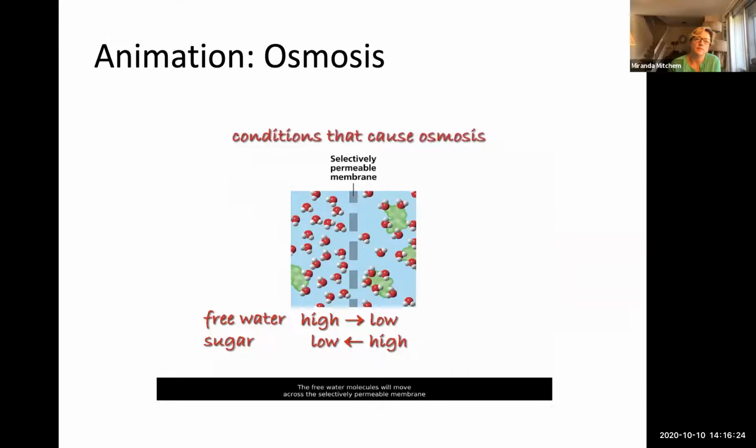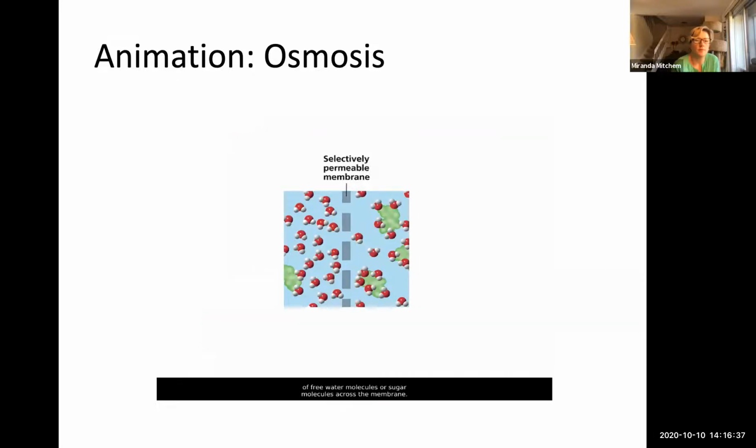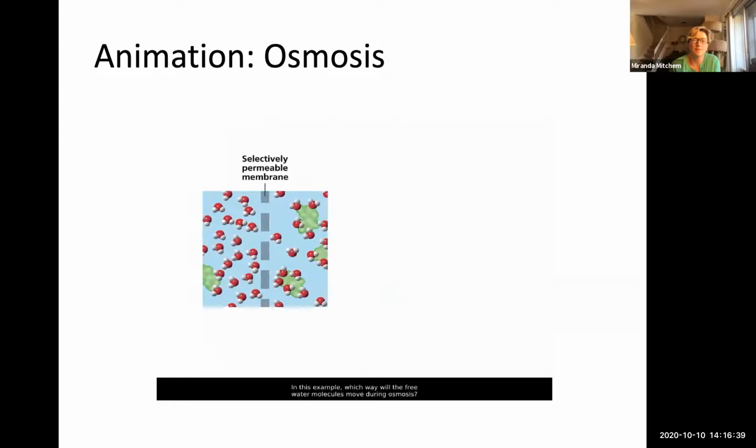The free water molecules will move across the selectively permeable membrane, down their concentration gradient, until there's no longer a concentration difference of free water molecules or sugar molecules across the membrane. In this example, which way will the free water molecules move during osmosis?